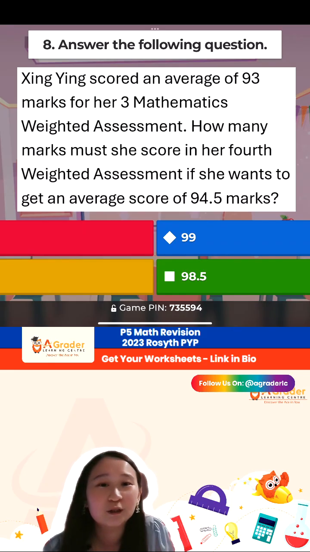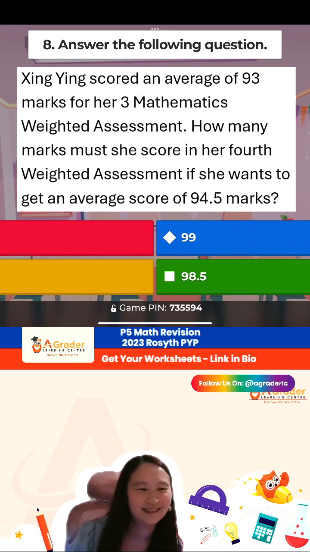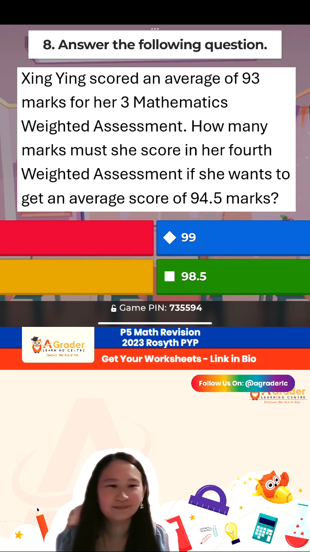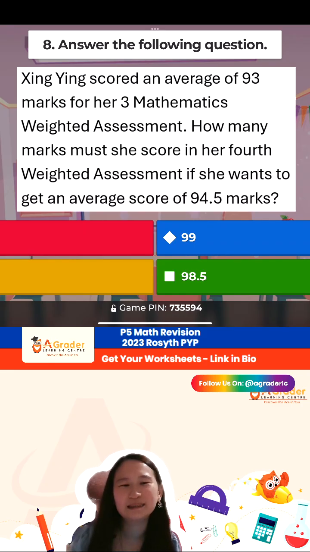How many marks must she score in her 4th weighted assessment if she wants to get an average score of 94.5 marks? Why are you guessing? You can try and work it out.